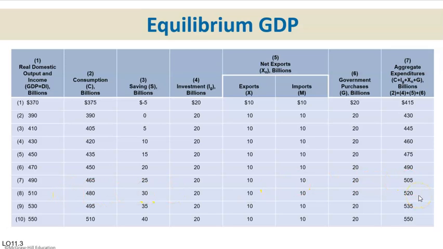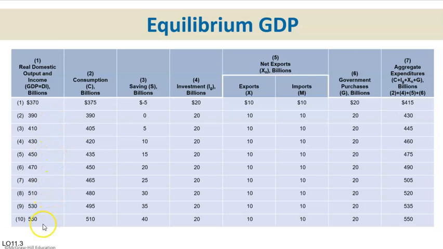Once you've done that, you can find your equilibrium GDP. You want to remember that equilibrium GDP happens where GDP, that's the first column, is equal to aggregate expenditures. That's the one that you just solved for. So move down each of the rows and compare these numbers here to the GDP until you find the row where there's exactly equal, and it should only happen once.